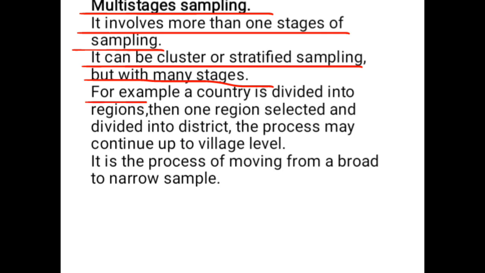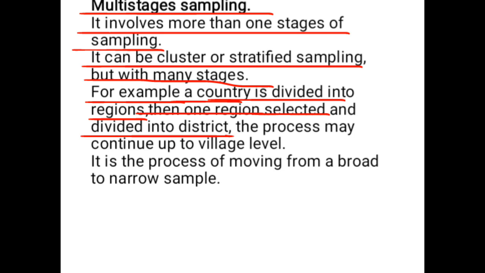For example, a researcher wants to study the population of the whole country. Now the country is divided into regions. Then one region or province is randomly selected. One region or few regions are randomly selected. Then the selected regions are also divided into their districts.